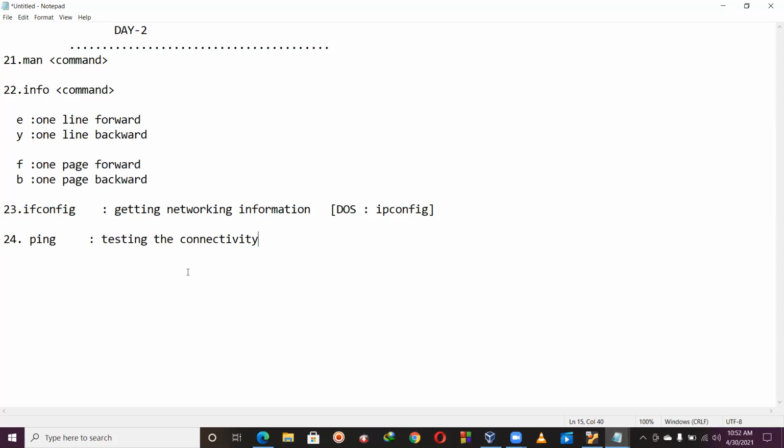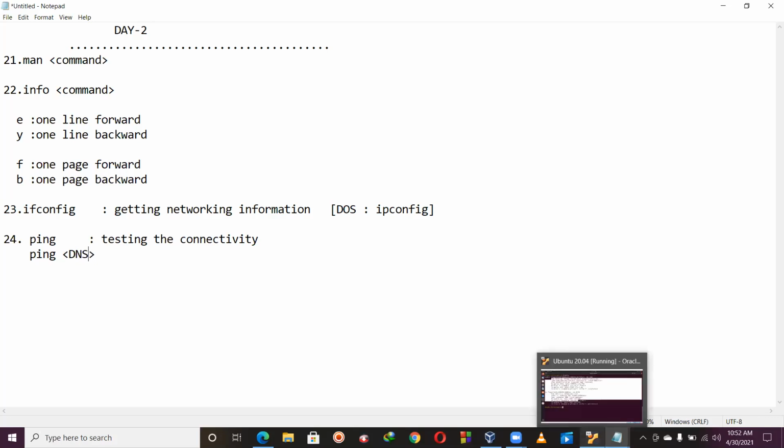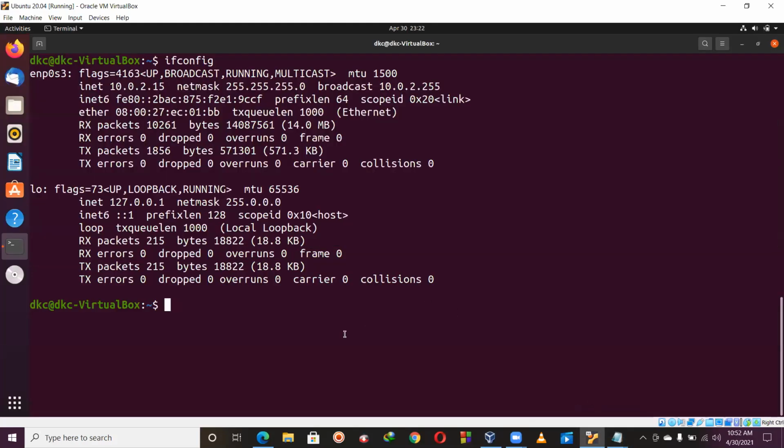But how to use it? The syntax is ping and here you have to use the DNS name. For example, I'm showing on the Linux terminal.